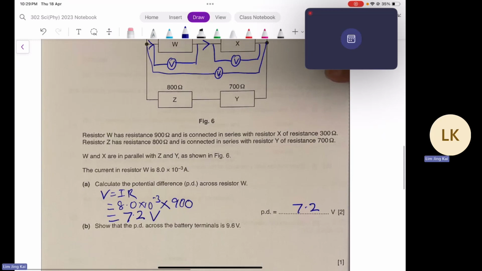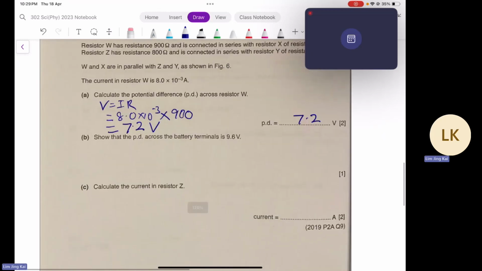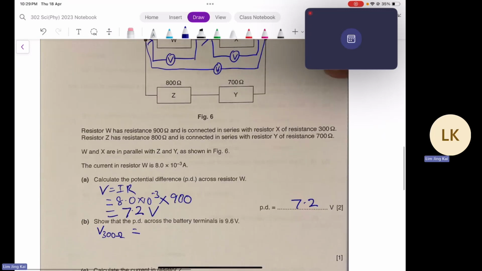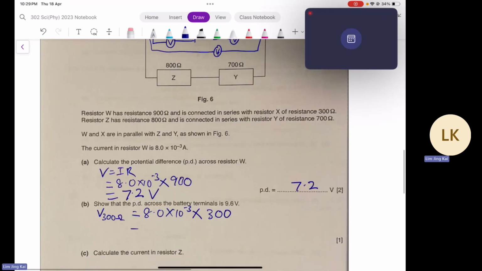Okay, so now I'm looking for the voltage across the 300 ohm resistor, which will give me 8.0 times 10 to the power minus 3 multiply by 300 ohm for the resistor. Okay, so I have value as 2.4.